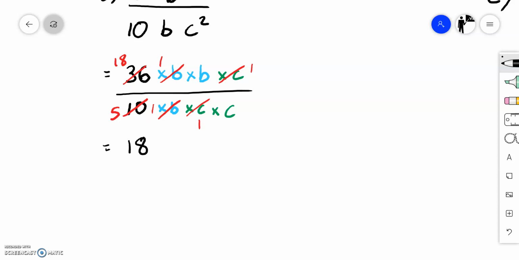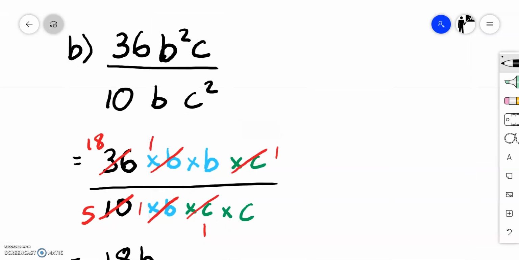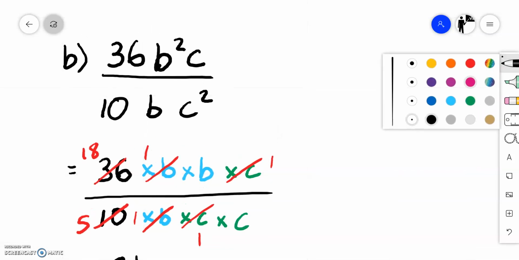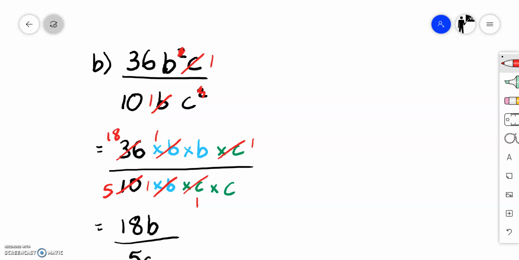That's 18b. 5 times 1 times 1 times c. That's 5c. You could have gone straight there. You could have said, okay, well, b goes into this one time and it will simplify with one of the b's from here. Similarly, c would simplify with one of the c's from here. And then you'd simplify 36 and 10.